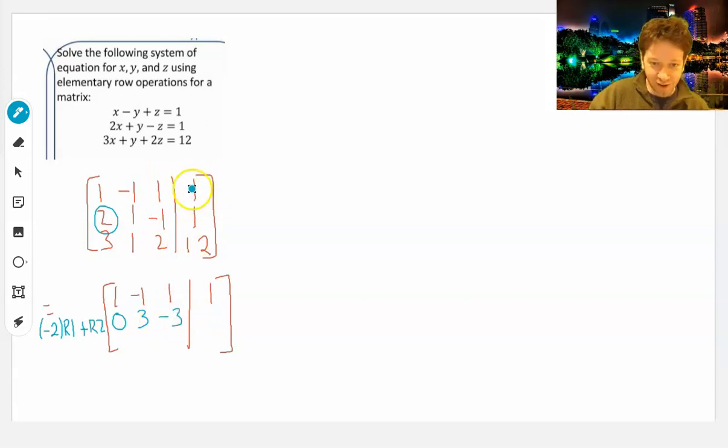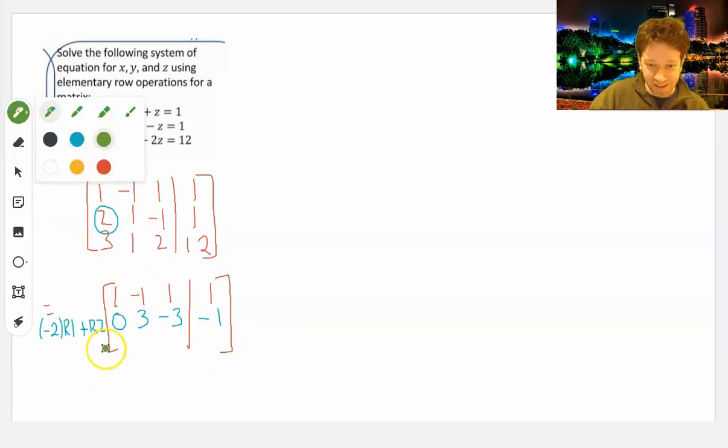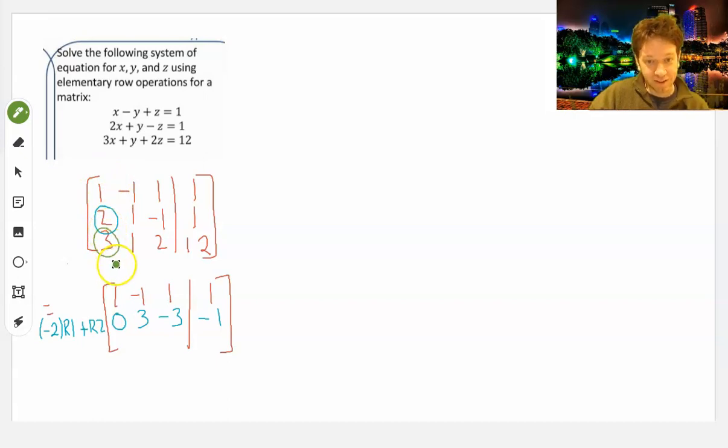And again, 1 times -2 is -2. Add 1, -1. And then what I can also do is if I look at the third row, if I take the first row and multiply by -3, and then add the third row, then I can get 0 here as well. And that's the next goal.